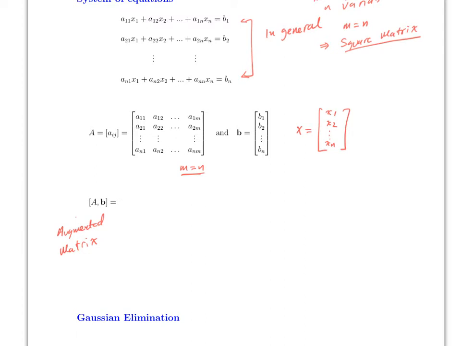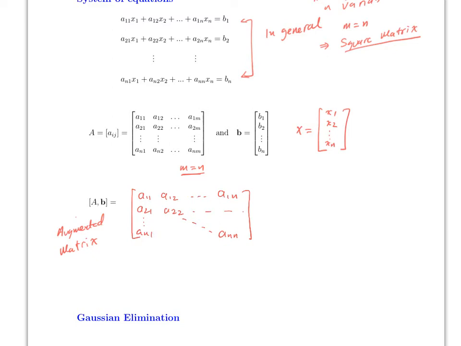This is the notation for the augmented matrix, and all it means is that you still have the matrix A11, A12, all the way to A1n, A21, A22, and so forth, down to Ann and An1.